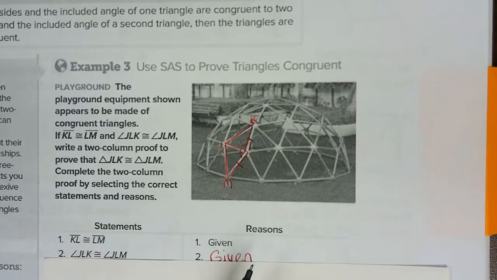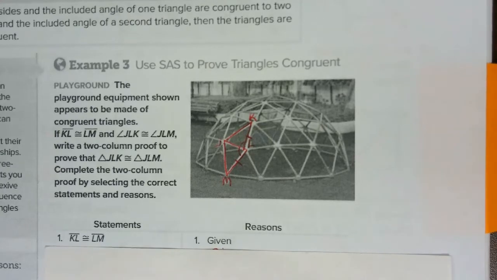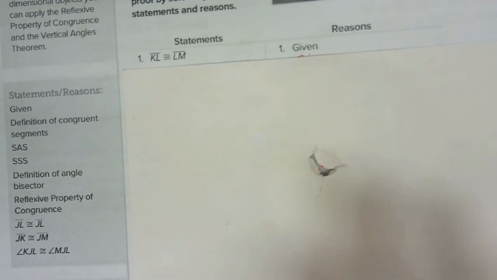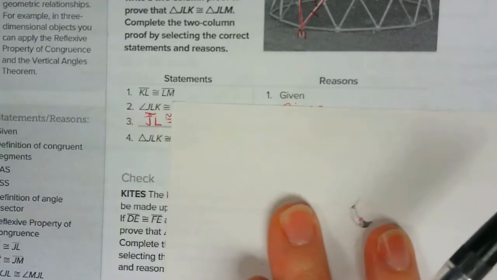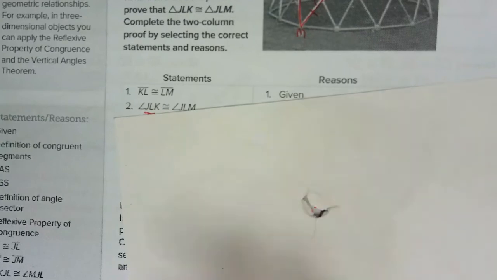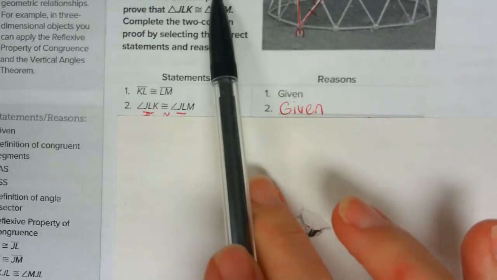So I started with my two-column proof, which they've already started for me. They said the first statement, KL is congruent to LM. That was true because it was given. Then the next piece they put was angle JLK is congruent to angle JLM, and that also was given. Then that takes care of everything they gave me.